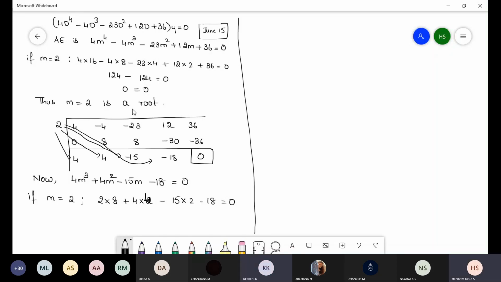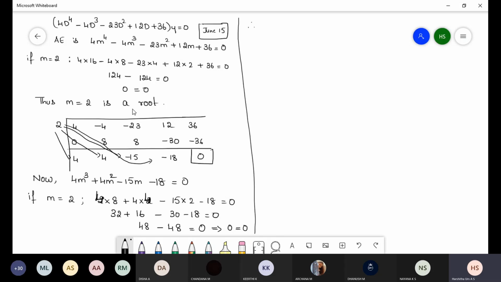Yes, wait a minute, 4 into 8, 32 plus 16 minus 30 minus 18. So 32 plus 16 is 48. Again minus 48 is 0. So 0 is equal to 0. So here also we got the value by using the trial and error method.